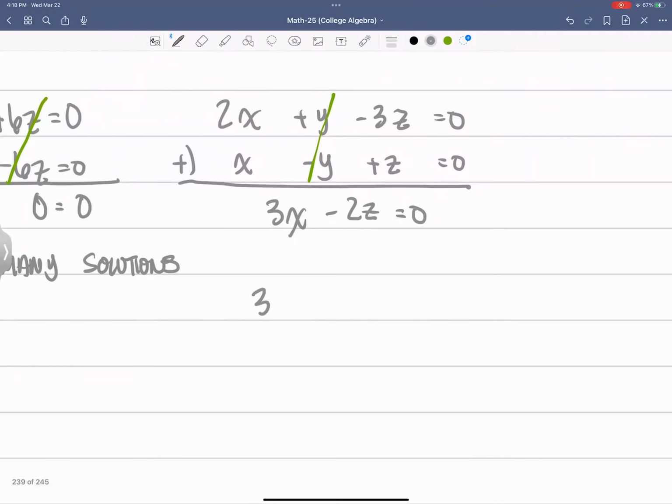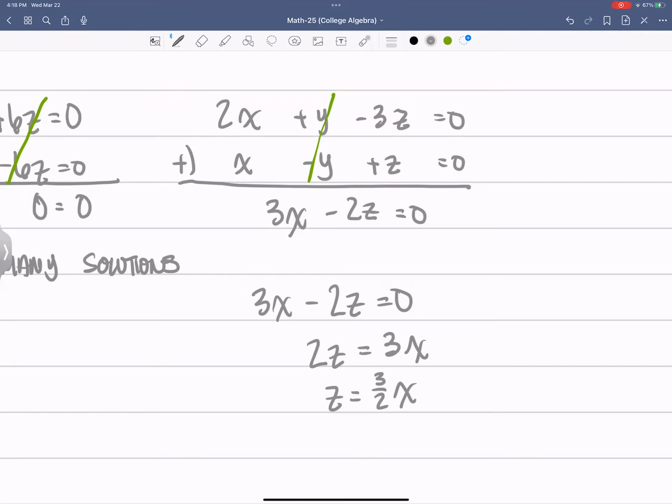We have 3x minus 2z equals 0, so 2z is equal to 3x, and z is equal to 3 over 2 x. So we'll let x equal x, and we'll let z equal 3 over 2 x.